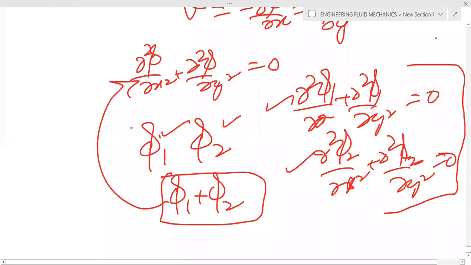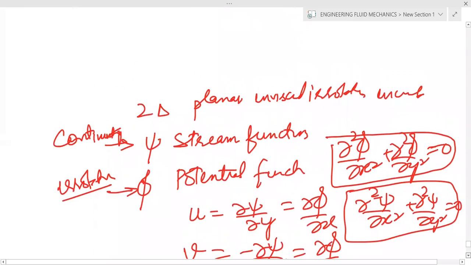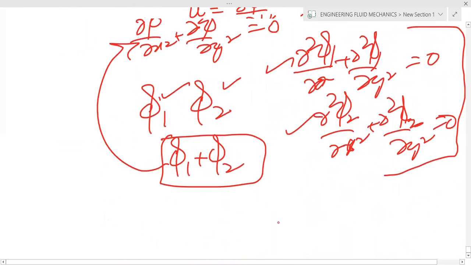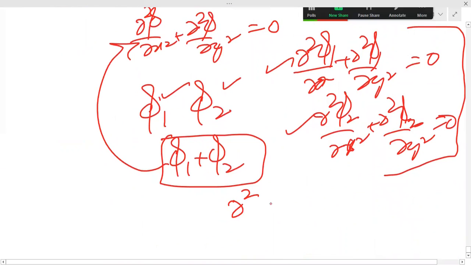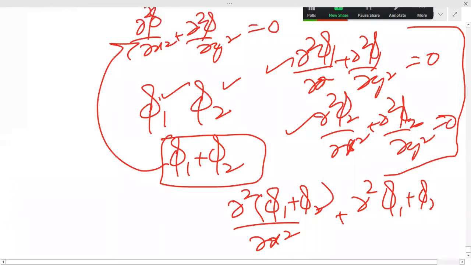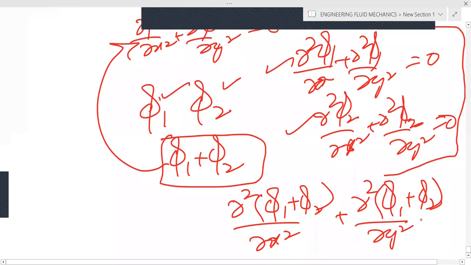So now if I substitute phi is equal to phi 1 plus phi 2, what will happen? Curly square of phi 1 plus phi 2 upon curly x square plus curly square of phi 1 plus phi 2 upon curly y square.